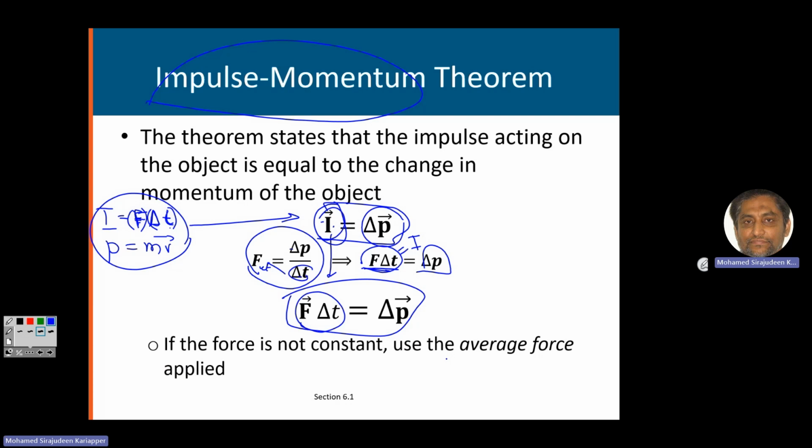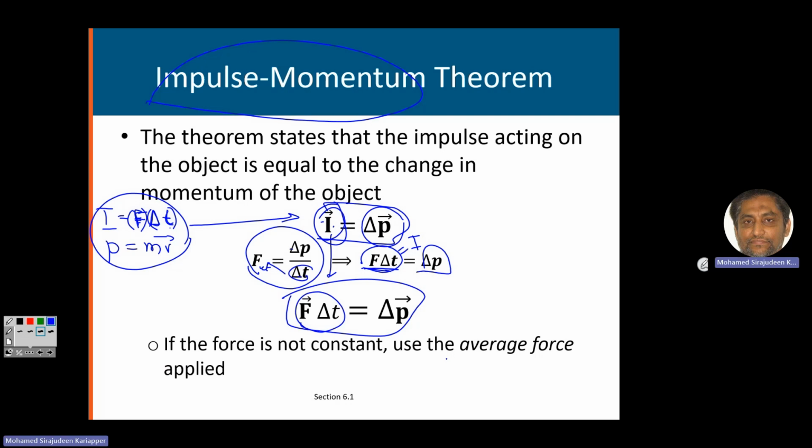Suppose you apply a force on an object for only 1 second, it will have a certain impulse. If you apply the same force for 2 seconds, the impulse will be more. Depending on the impulse, the change in the momentum will also change. If the impulse is less, the change in the momentum will be less for the same force.